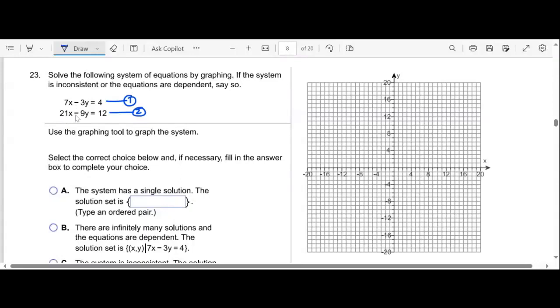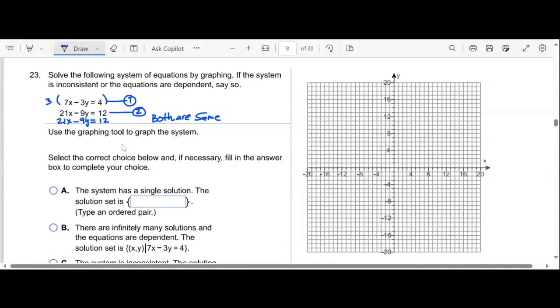The second equation is 21x minus 9y equals 12. If I multiply the first equation by 3, you're going to get the same values as the second equation. Therefore, both of them are the same. But he wants you to graph it.